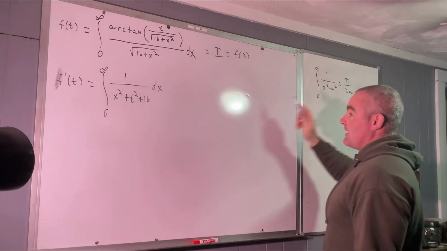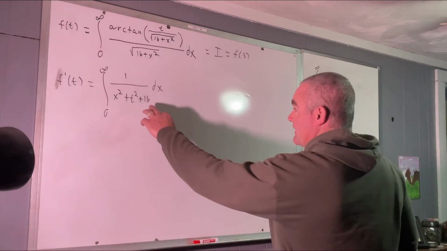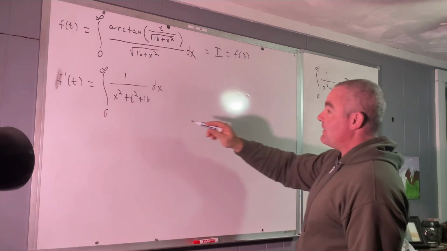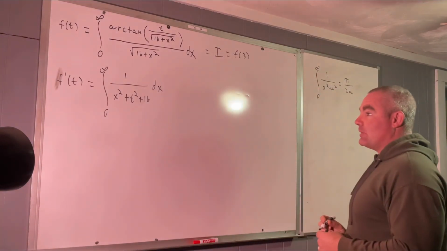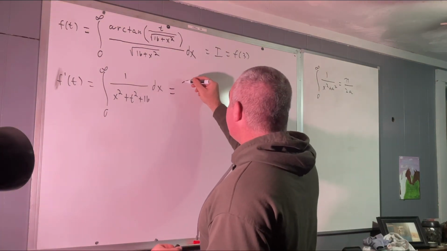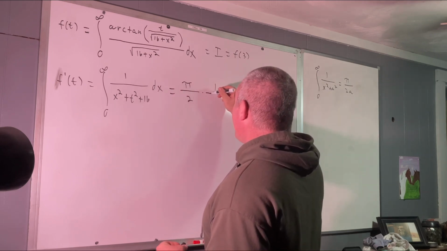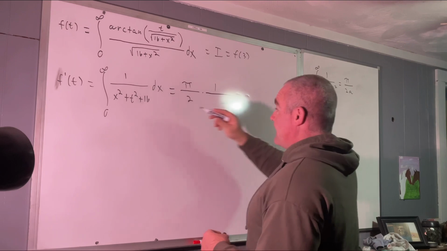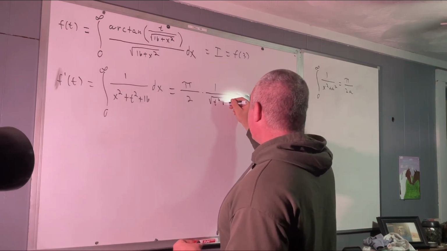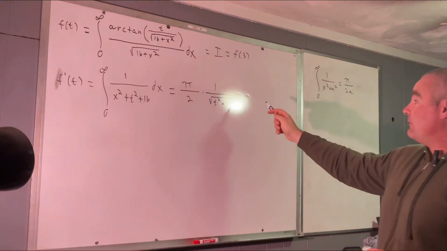So this is the same form as that, just with our a squared being equal to t squared plus 16. So in this case, our a would be the square root of t squared plus 16. So this whole integral evaluates to pi over 2 times 1 over the square root of t squared plus 16. So there's our f prime of t.